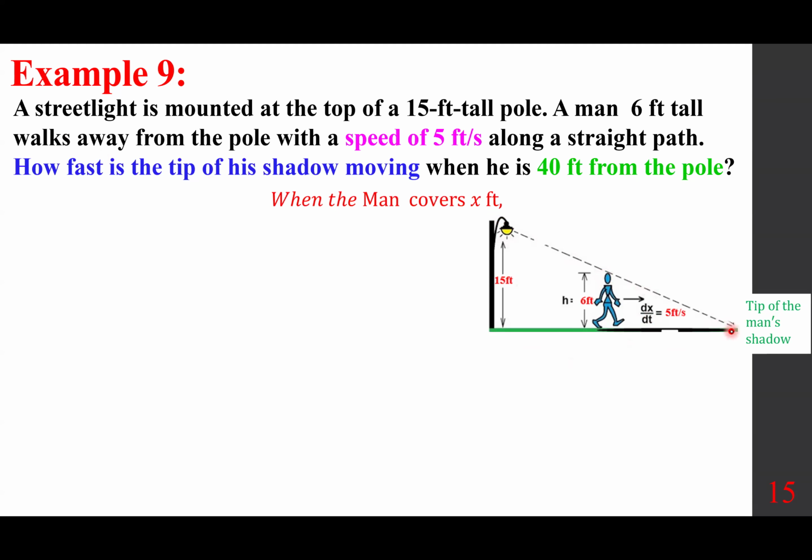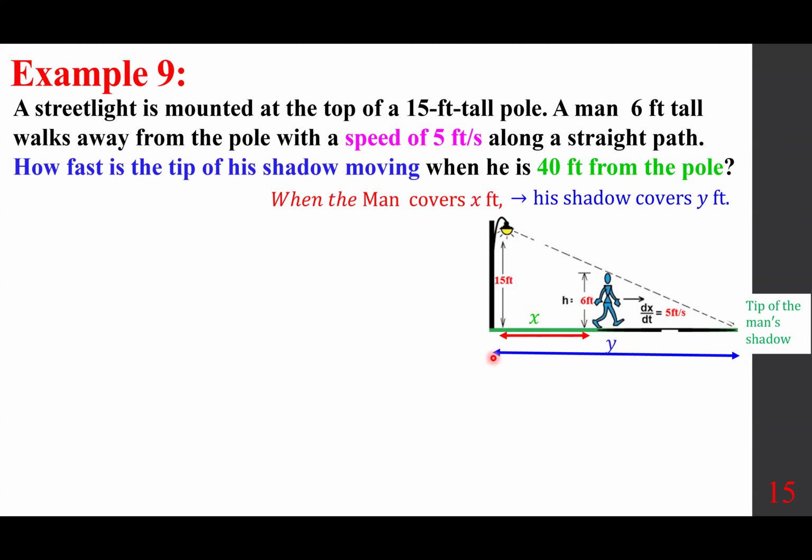So when the man covers this much, x feet, that's why we call it dx/dt. When he covers this much, the tip of the shadow covers this much. His shadow covers y feet. So he covers x amount.